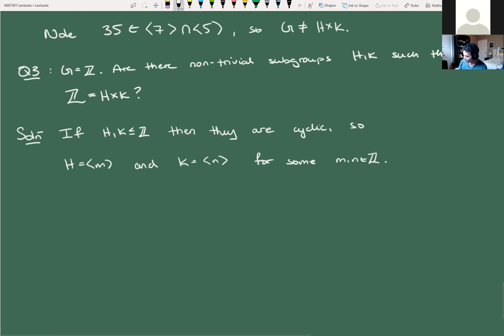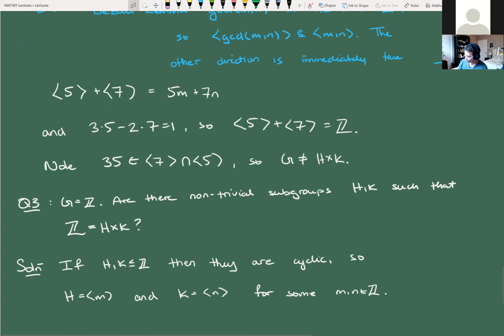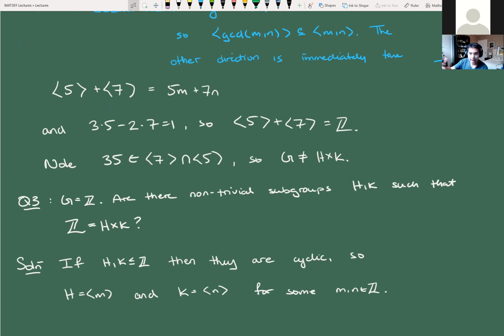And now we're in the exact same situation as above, right? Where we had, can Z possibly be an internal direct product of M and N? Namely, let's suppose M and N even end up being co-prime. We're not really worried about that. Whatever M and N are, is there something in their intersection that is not 0?